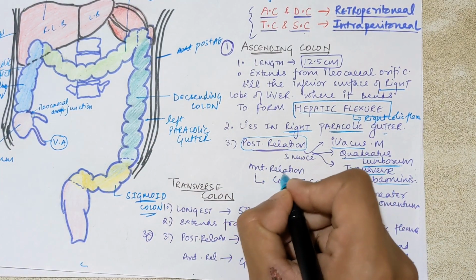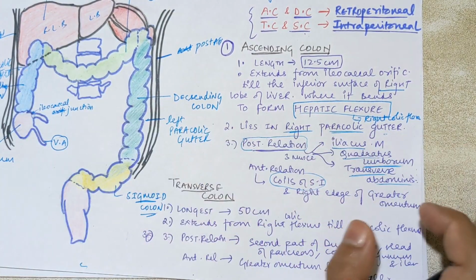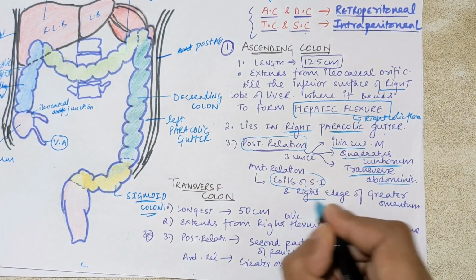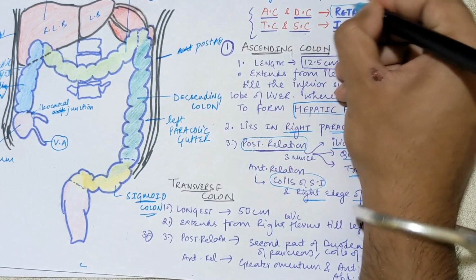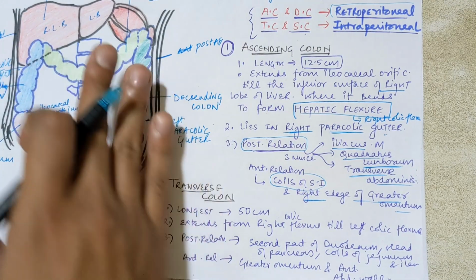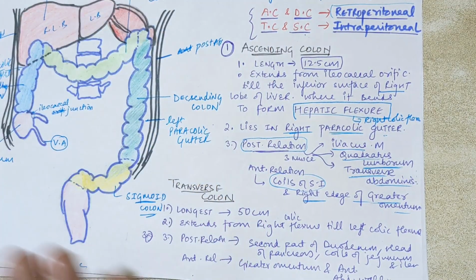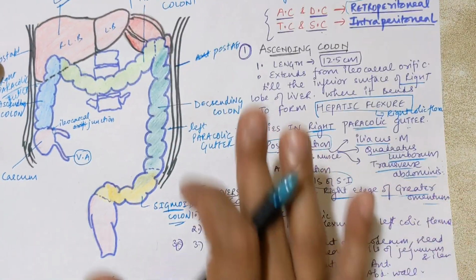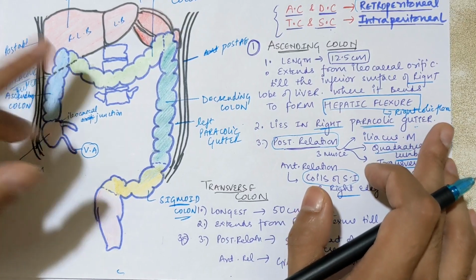The coils of the small intestine, that is jejunum and ileum, will be covering the ascending colon. And what else? The right edge of the greater omentum, because I said it is covered by peritoneum from the anterior side. So from the anterior side there will be the greater omentum's peritoneal layer covering it. Clear? This much.